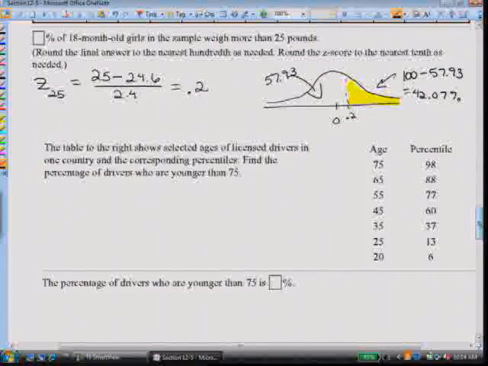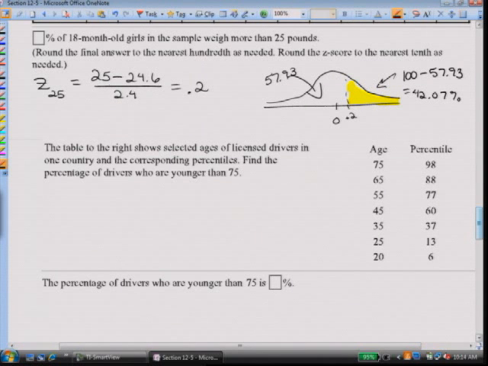All right, now this question is just kind of put here to help you, when you hear the word percentile, help you understand what it means. Percentile means what percent of the population is to the left of whatever the data value is. So it says the table to the right shows selected ages of licensed drivers in one country and the corresponding percentiles.